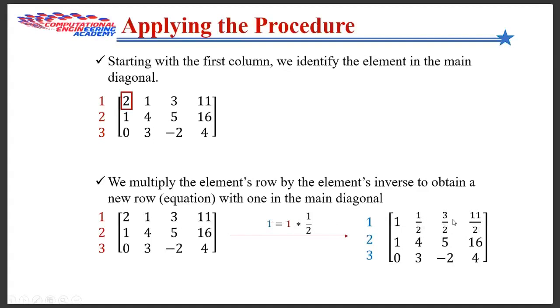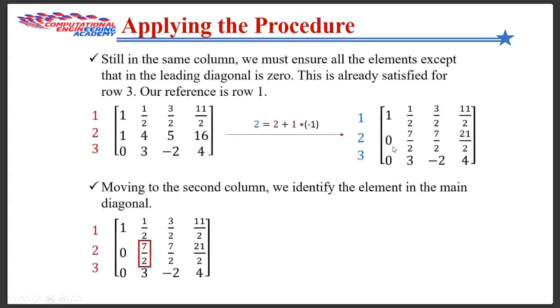So this is our result. This is the new matrix we are working from. Remember, applying elementary row operations implies that these two matrices will have exactly the same solution set, right? Good.